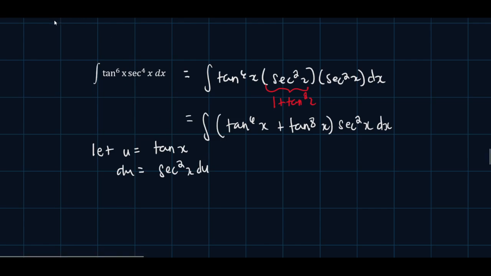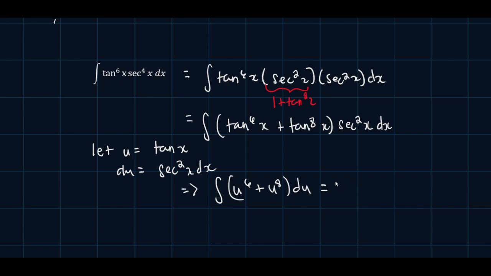Oops, sorry, this should be dx. So we are now able to rewrite this as the integral ng u to the 6 plus u to the 8 du.